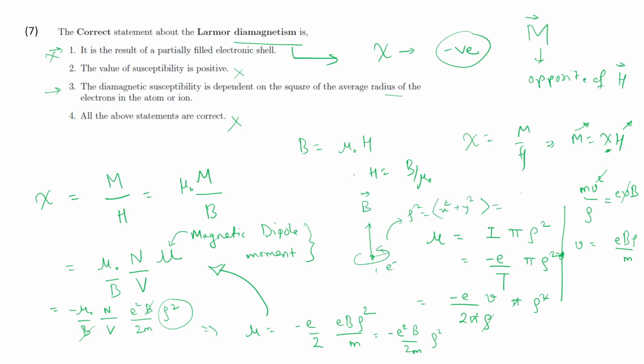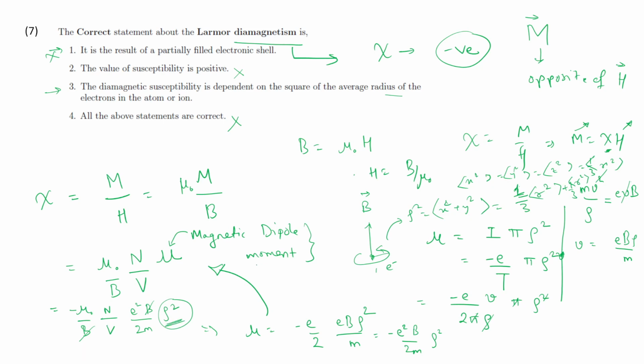If it is an isotropic material, the average x square is equal to y square is equal to z square is equal to 1 by 3 of the average radius square. So it is 1 by 3 of r square plus 1 by 3 of r square, so basically it is 2 by 3 r square.